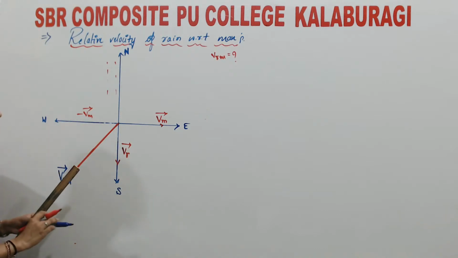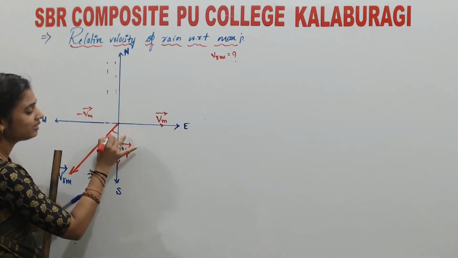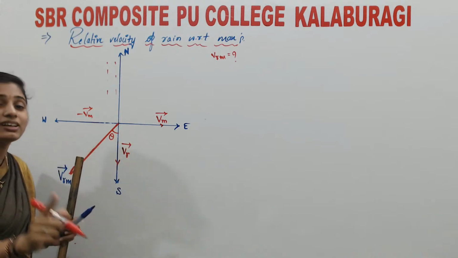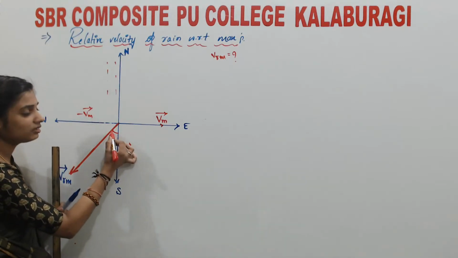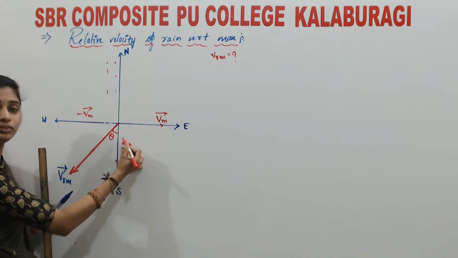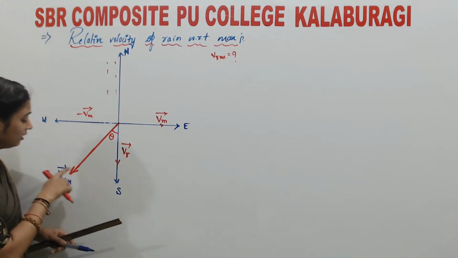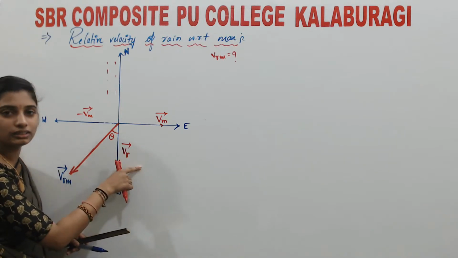So now let me take this angle as theta. It is making an angle theta with the vertical. Remember, I have considered the angle with the vertical. Theta is the angle made by the relative velocity of rain with respect to man with the vertical.